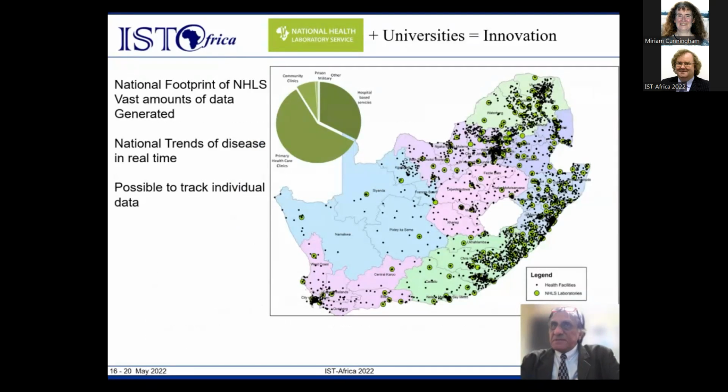And the specific aspects I'm drawing your attention to is the remarkable national footprint of the National Health Laboratory Service, which actually gathers vast amounts of data that are generated on a daily basis. This provides a really real means of getting a national trend of disease in real time, that is epidemiology. And it is also possible to track individual data in amongst this vast amount of data that we have access to.